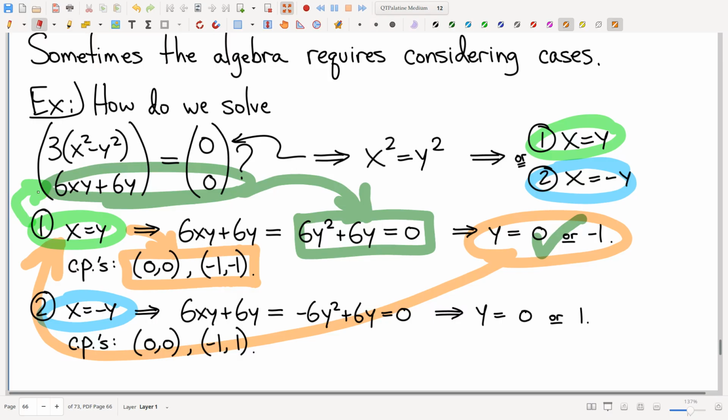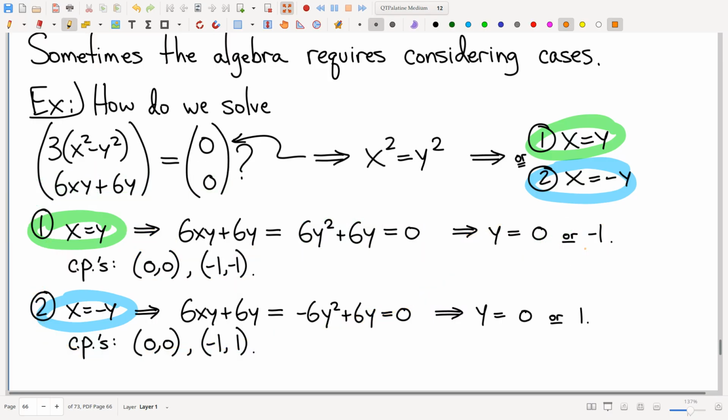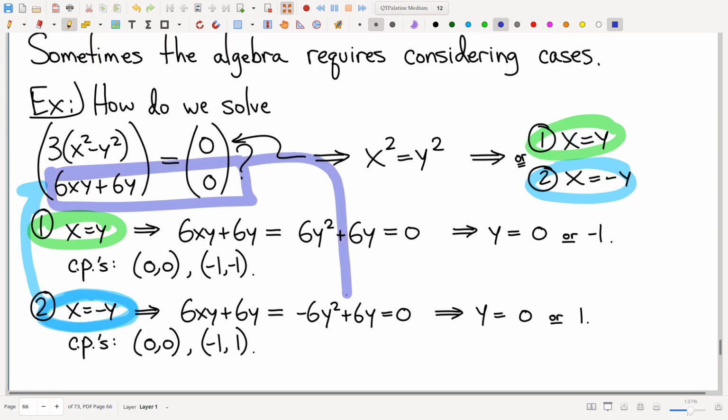Okay, now, let's look at the other case. What if x is negative y? Well, that makes this algebra go down differently. That's not the same y equation that we had in the previous case. We get, as you'll notice, different values of y.